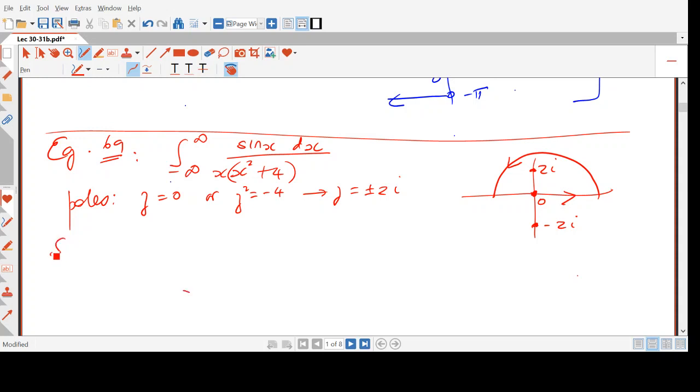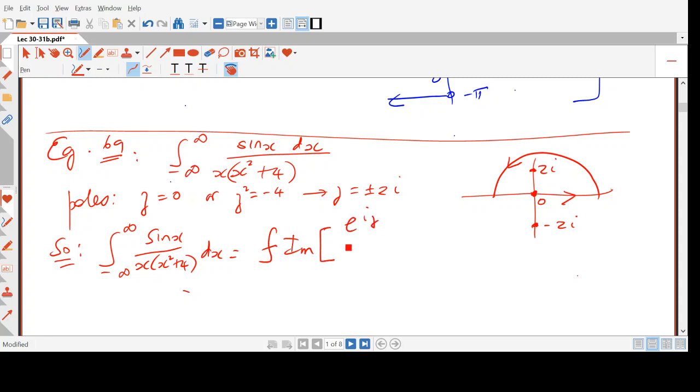So you can write, using principal value, the integral from minus infinity to plus infinity of sine x over x times (x squared plus 4) dx is the principal value, taking the imaginary part of e to the i z over z times (z squared plus 4) dz.